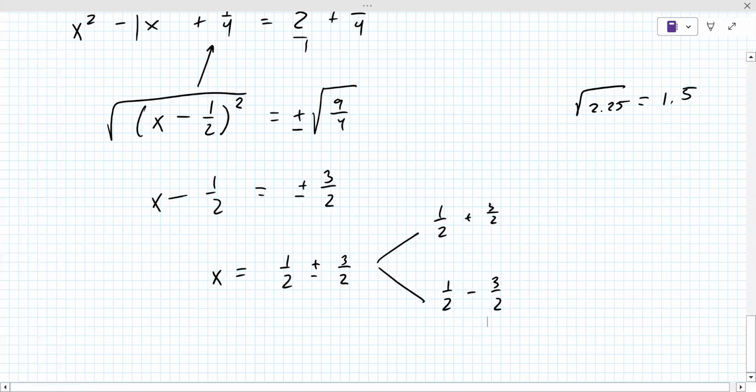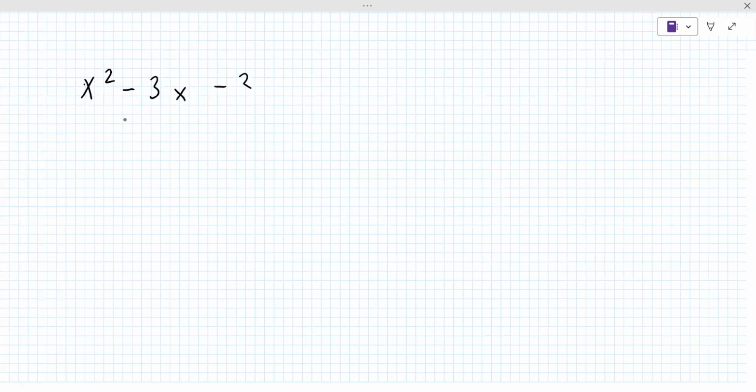I put it in the calculator as 2.5 divided by 2.5, like I was squaring it. That's okay. It happens. All right, so here's another problem for you to think about here. x squared minus 3x minus 3 equals 1.